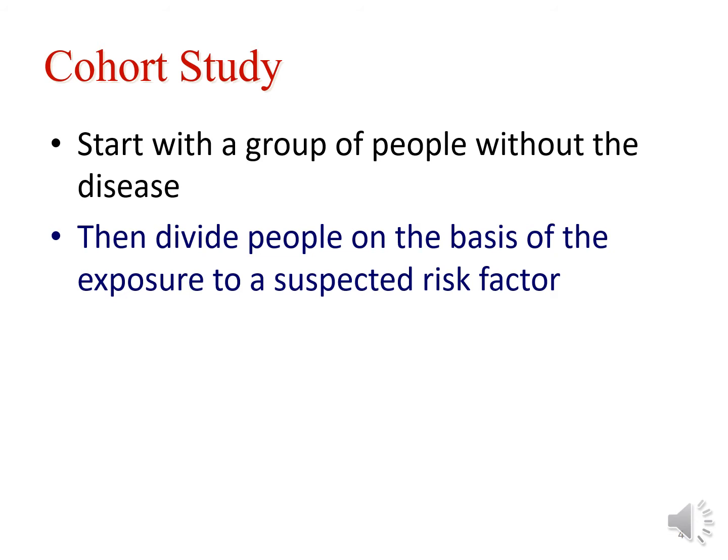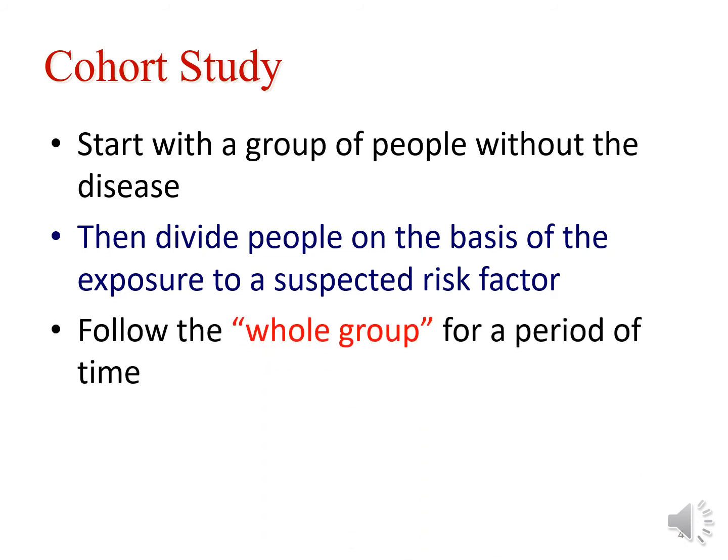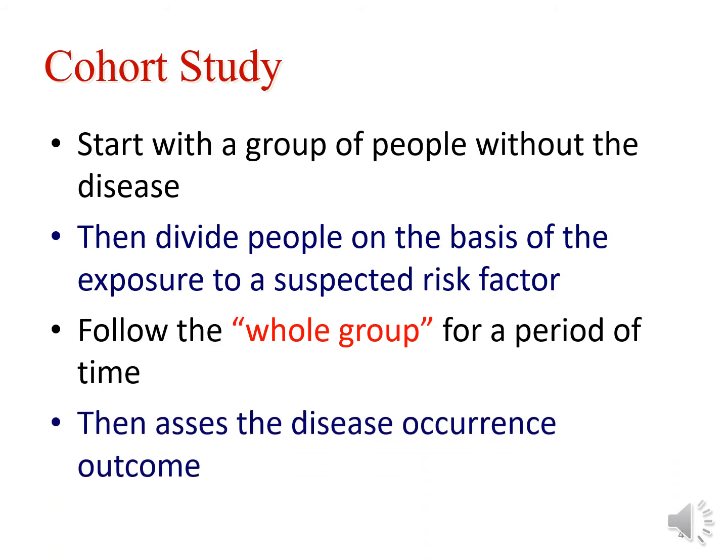If smoking is a suspected risk factor, then divide the person on the basis of smoking, that is smokers and non-smokers. Afterwards, follow both groups for a period of time and then assess occurrence of disease, occurrence of CA lung. Cohort study proceeds from cause to effect, exposure to outcome, risk factor to disease.